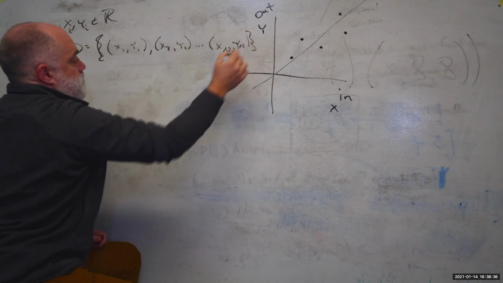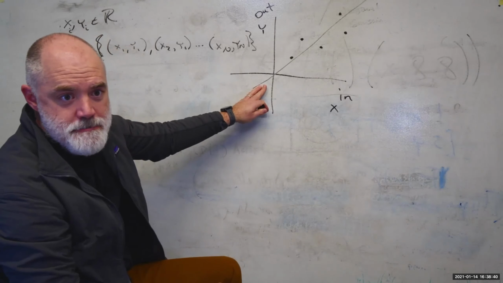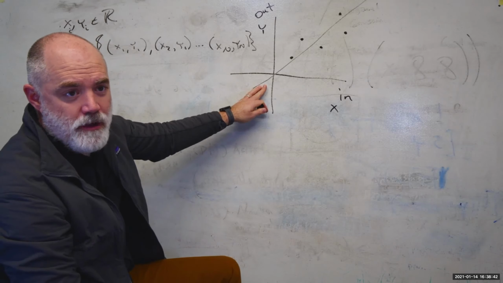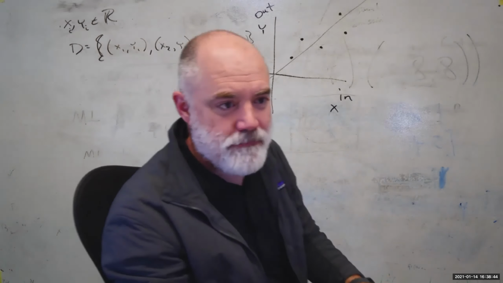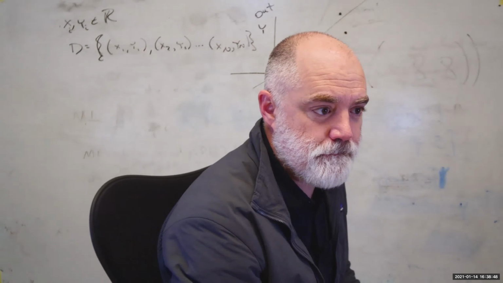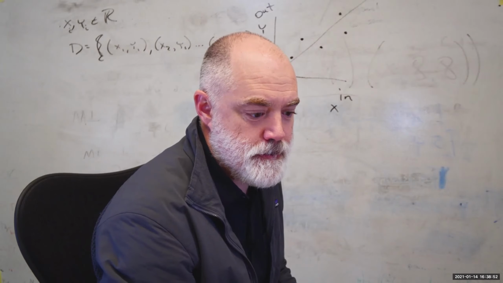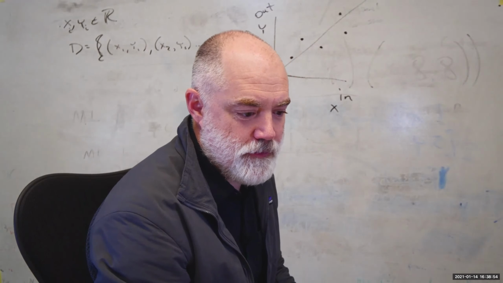Okay? But we want a line, right? So how do we generate a line? What do we need for a line? Two parameters. What parameters? Slope.